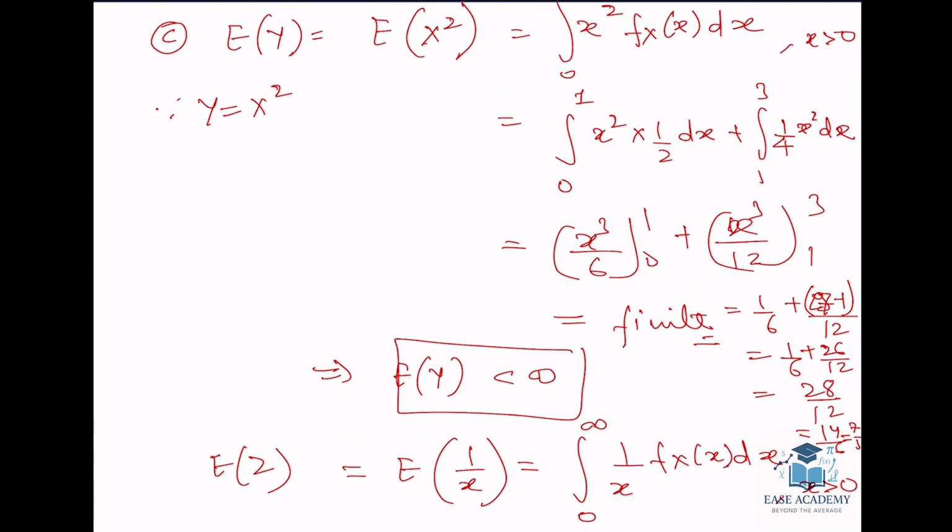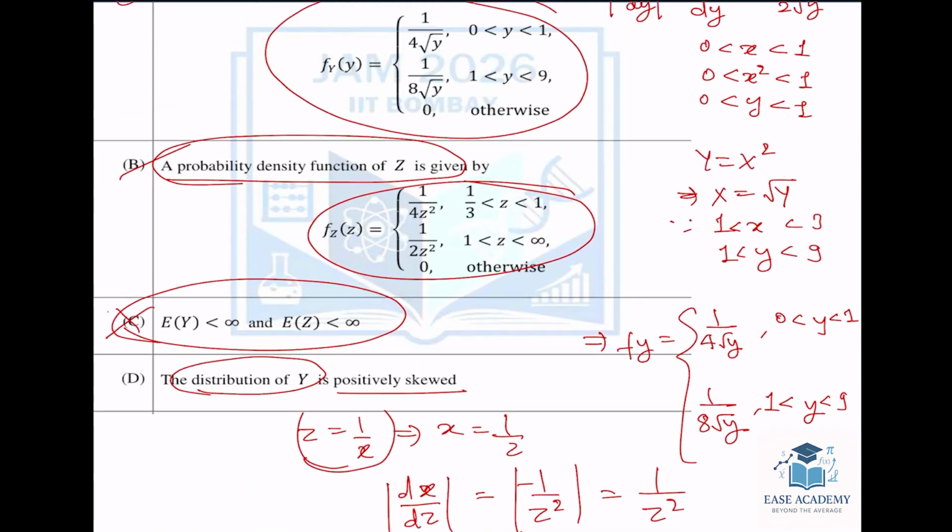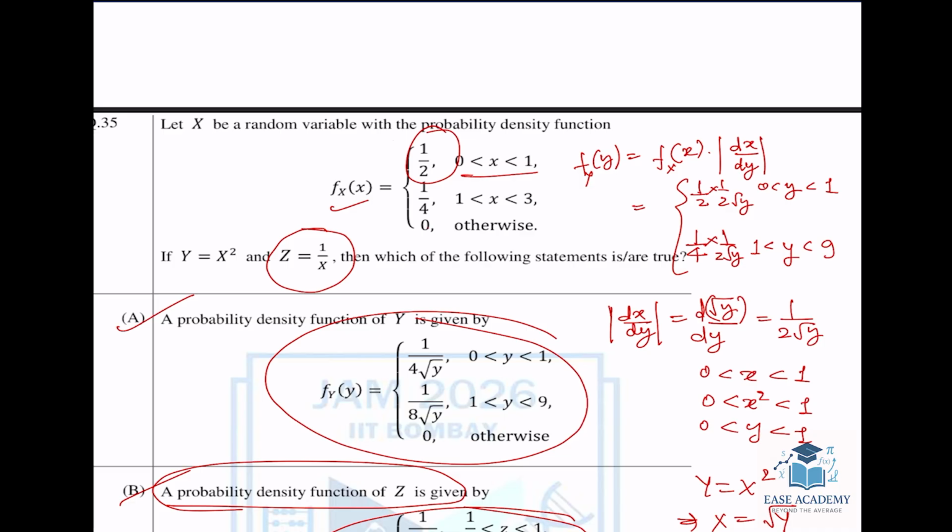Now in order to find the median of x, the definition of median is probability of x less than or equal to m is equal to 1 by 2. From here we can see the probability is half for x less than 1. That implies m is equal to 1.